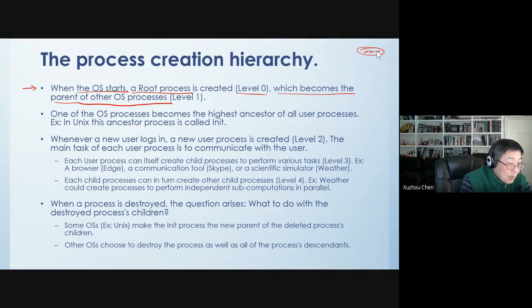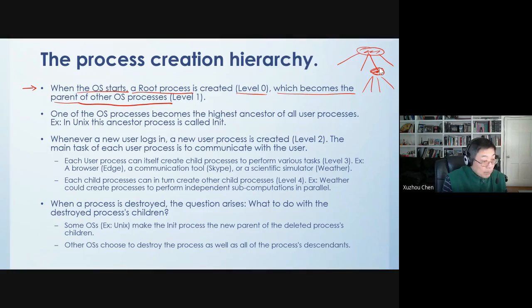This process becomes the highest ancestor of all user processes. The root process is going to create certain other processes, and one of them becomes the ancestor of all user processes. If you create a user process, it is going to be created by this one.